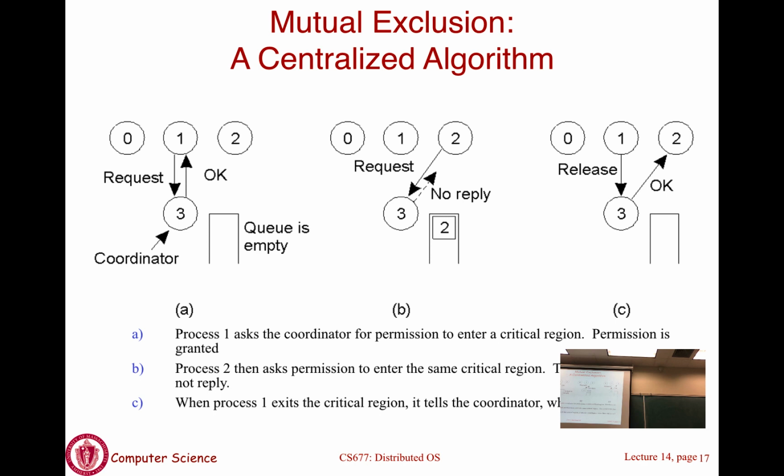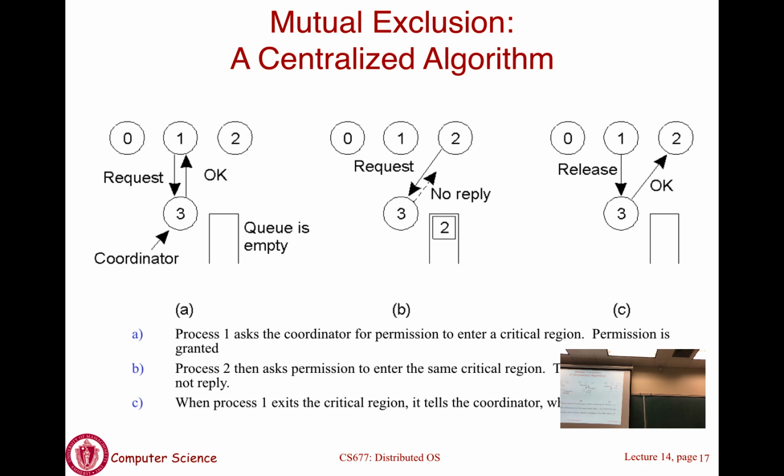The question is, if you have a queue of requests, threads or processes waiting for the lock, what if you elect a new coordinator? You typically do that if the coordinator actually failed. And if you elect a new coordinator, that coordinator has to reconstruct the state of the lock. A lock is a stateful entity.